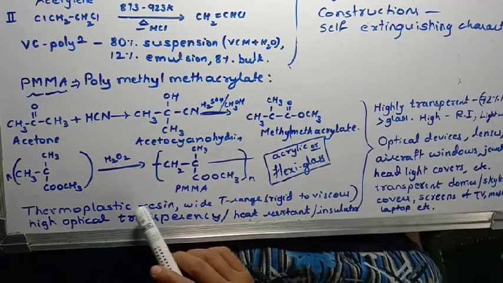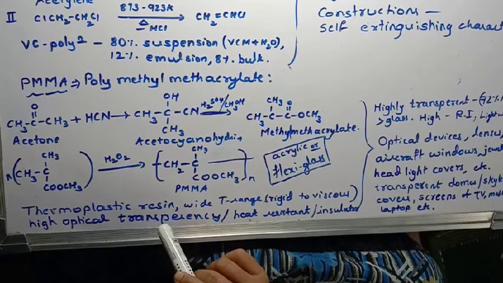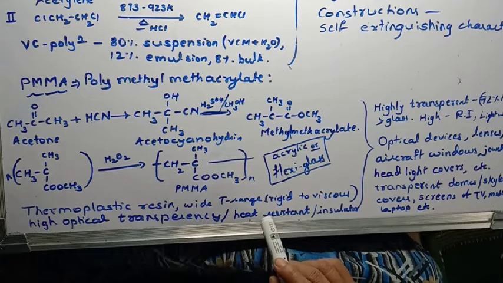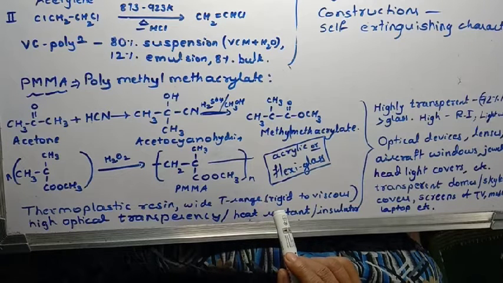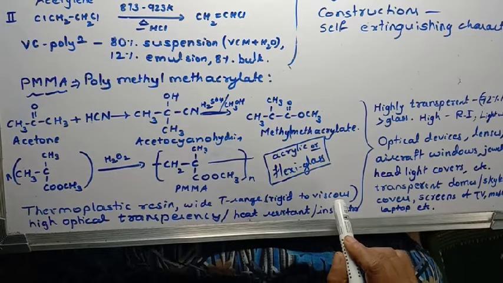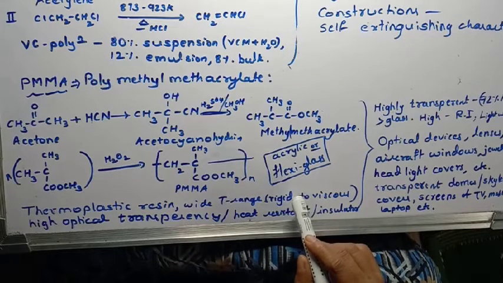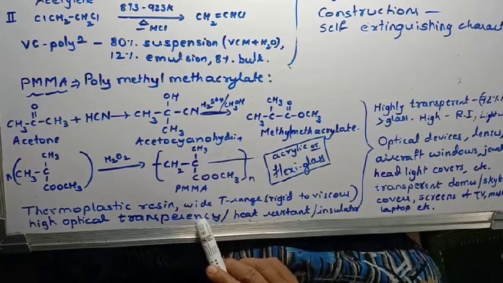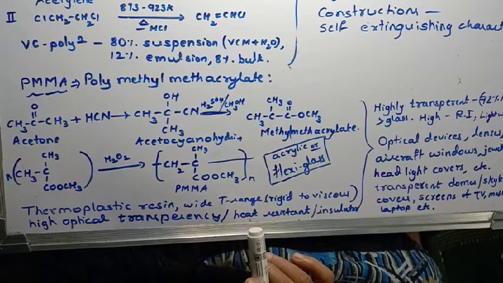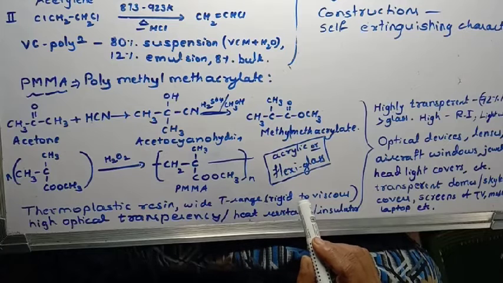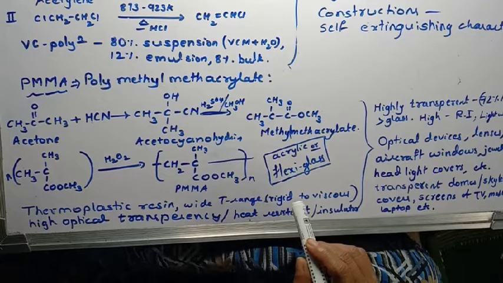Now the properties of this compound. Once again, it is a thermoplastic resin which has a wide temperature range during the change from rigid nature to viscous. The change of physical state from rigid to viscous happens slowly over the temperature range, so it is one of the main properties for using it in many fields.